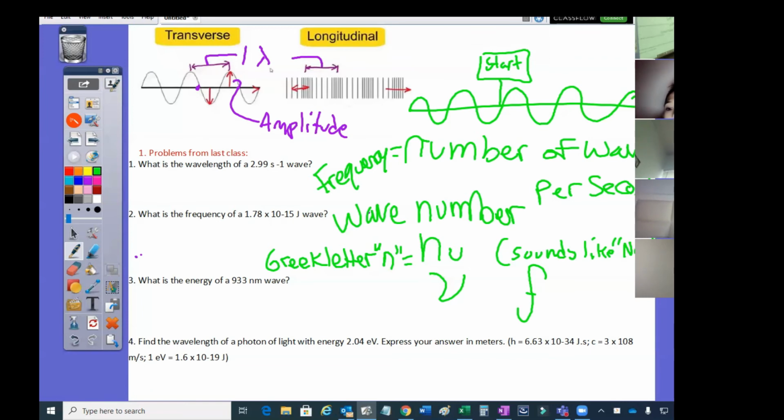Quantum mechanics is consumed with wave behavior because small particles like electrons, protons, neutrons, and others behave as much like waves, or sometimes more like waves, than even particles. All right, I'm going to get rid of that. We're going to start solving problems.